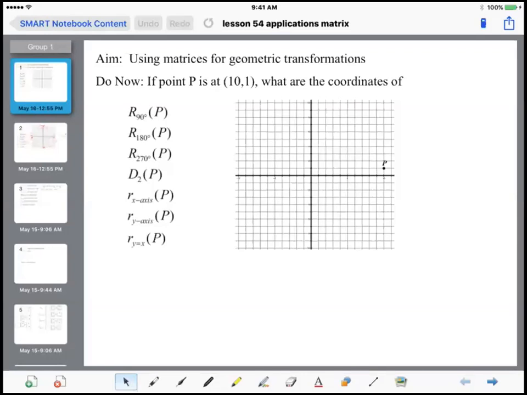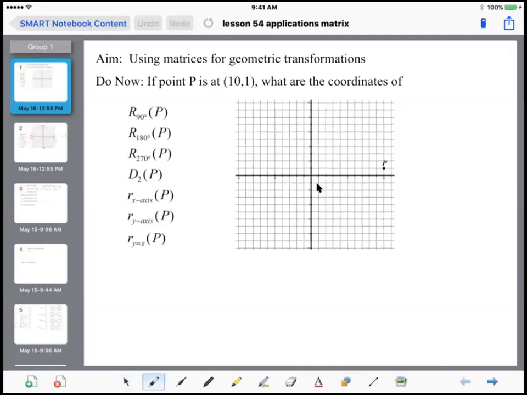Well, why don't we go this way? Will someone say what the answer to the first question is when you rotate by 90 degrees counterclockwise? Yes, (-1, 10) is the right answer.